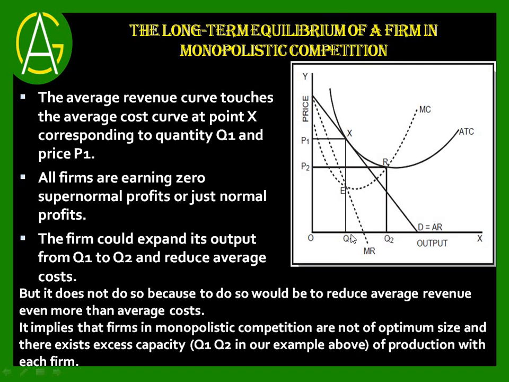So underutilization exists under imperfect competition or under monopolistic competition. So firms under monopolistic competition are not of ideal size. They cannot produce at the optimum size and excess capacity remains under monopolistic competition. So that is all about imperfect competition or monopolistic competition. Thank you.